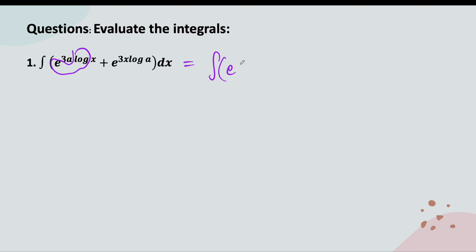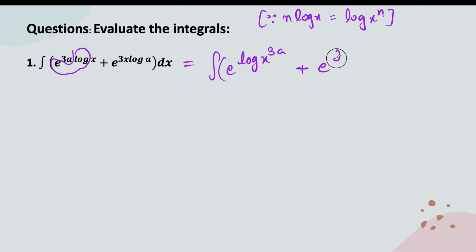Firstly, that would be e to the power log x, and I can write this as power 3a by using the property of log, that is n log x equals log x to the power n. Okay, यहाँ पे मैंने property use कर दी. Plus similarly for this exponential also, that would be e to the power (log a) whole power 3x, then dx.